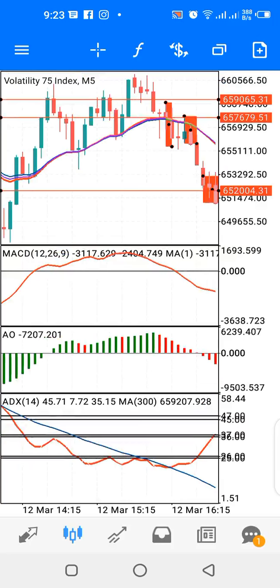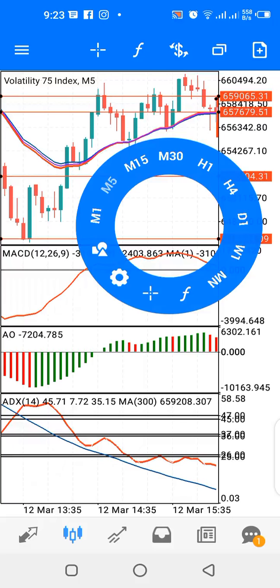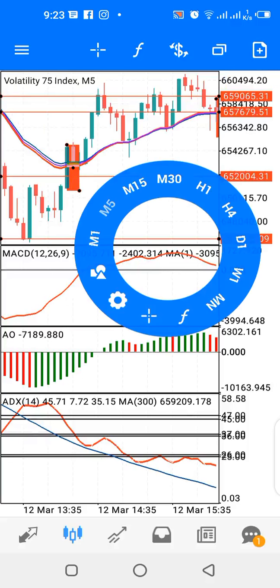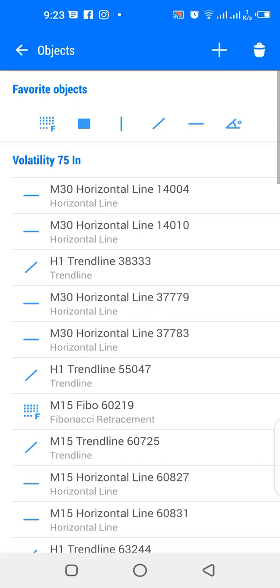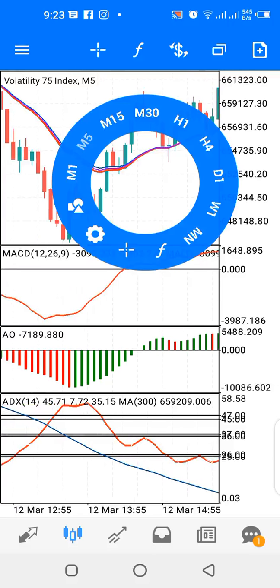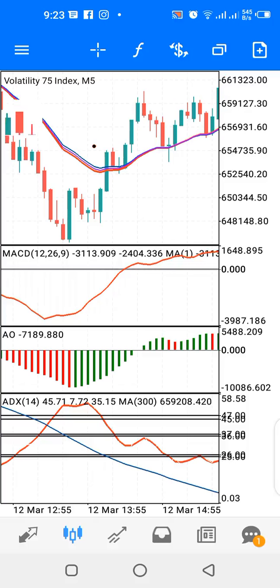For buy trade, just the same. Like I have the candle lapping here. Let me remove the object. Okay, I have a bullish candle lapping on the 3 moving averages around here. So this is my buy signal.